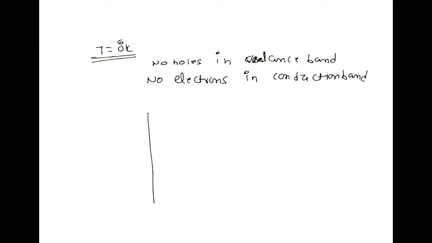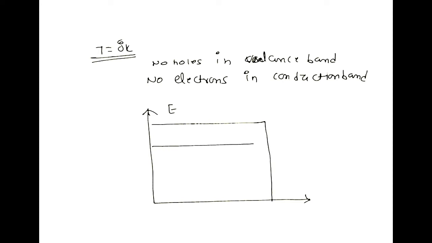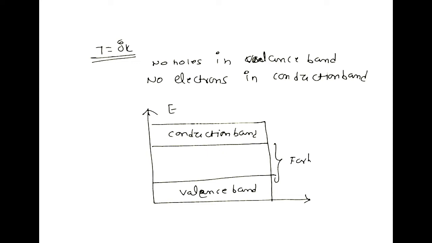If you draw the energy diagram, this is energy. This is the valence band. Conduction band. This is the forbidden gap. So this is EC, this is EV.